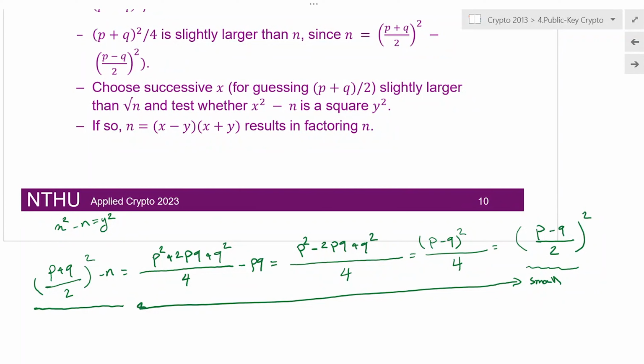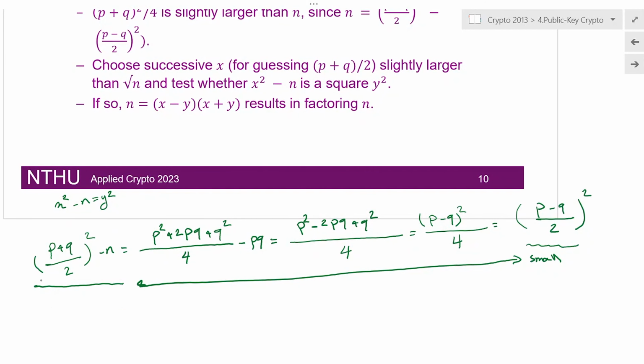And now this becomes a little bit interesting. What does this mean? It means that the difference between (p plus q over 2) to the power 2 and n should be small, right?